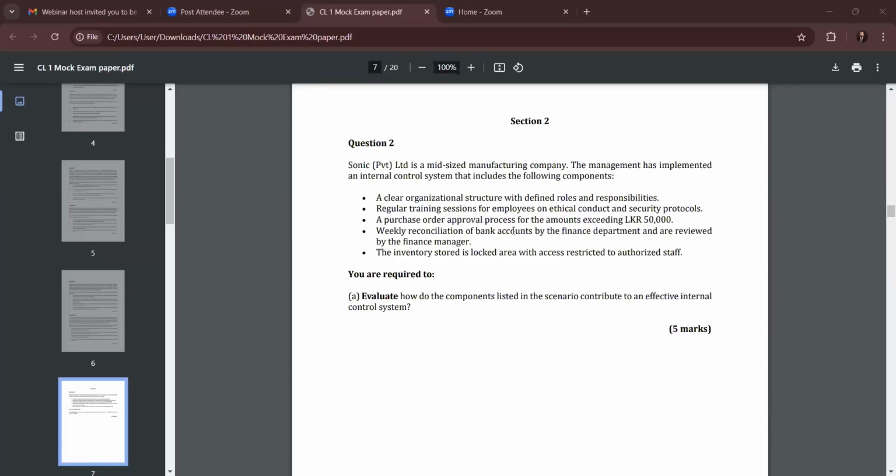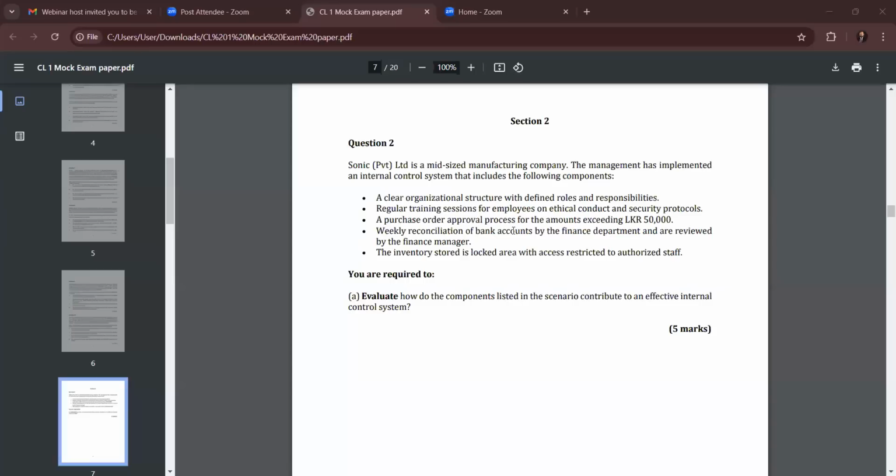Children, when the examiner says effective internal control system, which model comes to your mind? What is the model from the theory that has to come to your mind? Right?